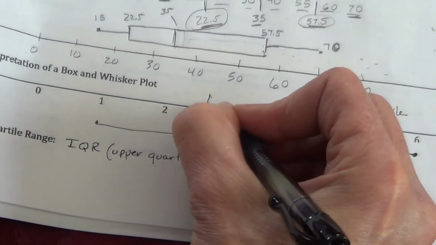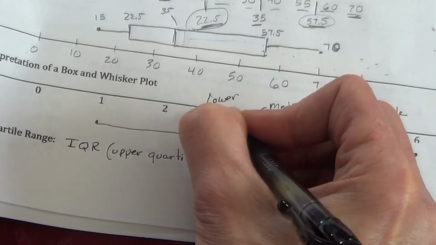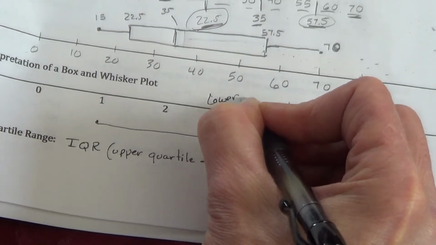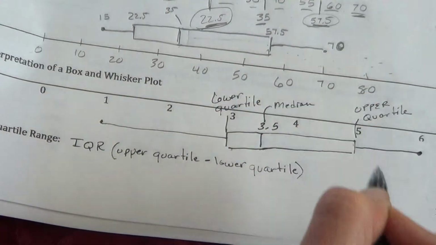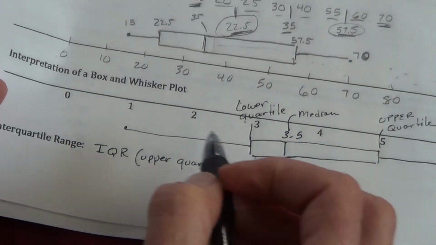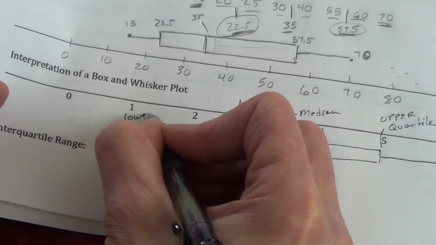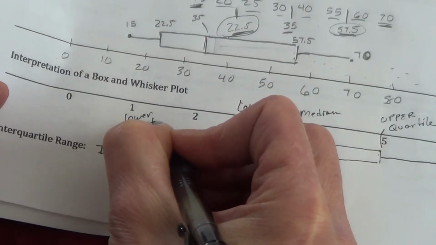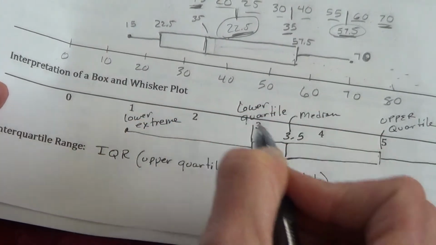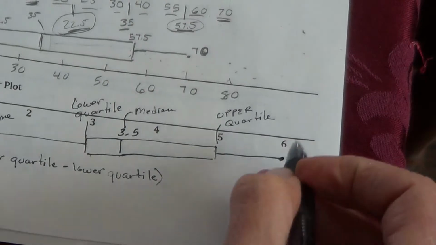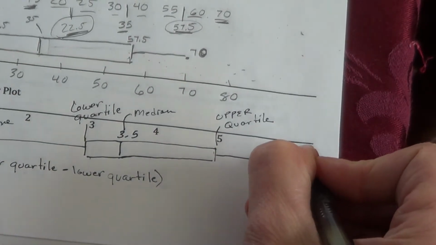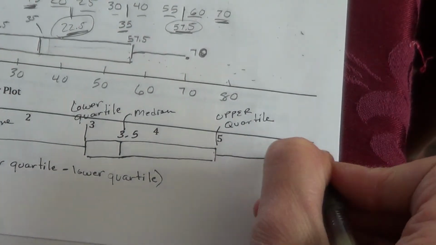So this is the lower quartile. And now, out at the ends of the whisker, we call that a lower extreme, kind of like the skateboarders that do things way out on the edge. It's an extreme. That's what I think of in these graphs. So this would be an upper extreme.